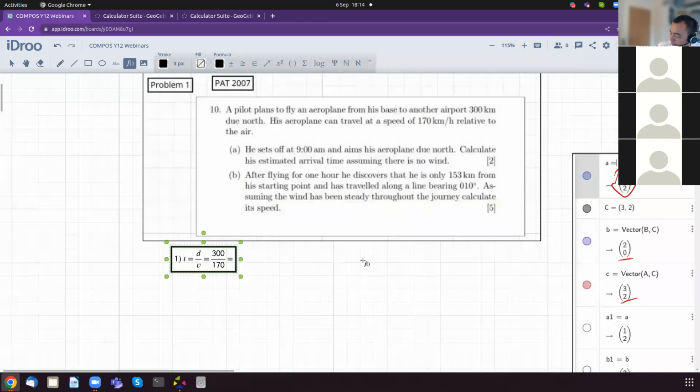That gives you 1.76 hours, which is, times 60, minus 60.